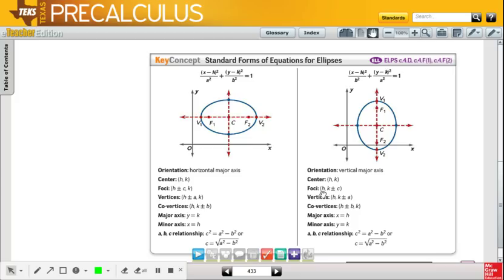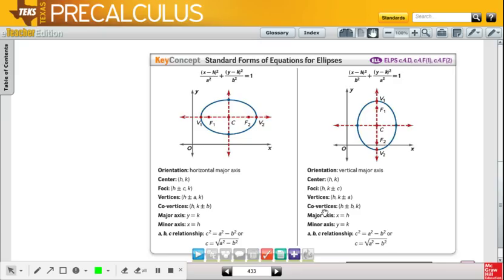The first is h comma k plus c, and the second is h comma k minus c. Same process with vertices: h comma k plus a, and then h comma k minus a. Those are your two points.